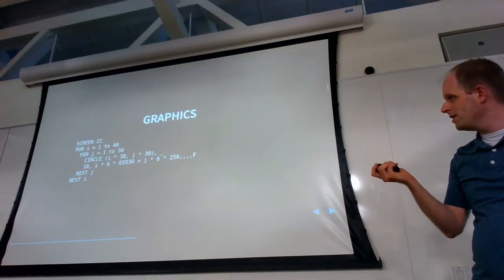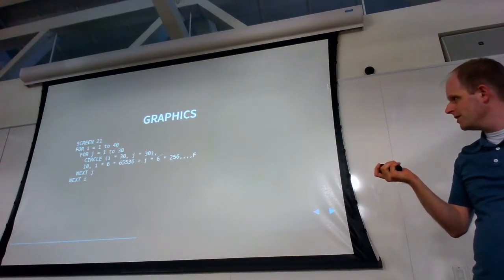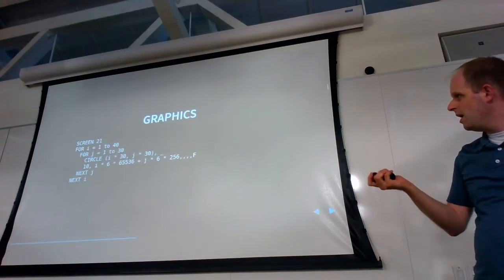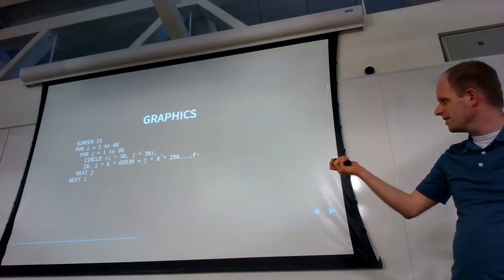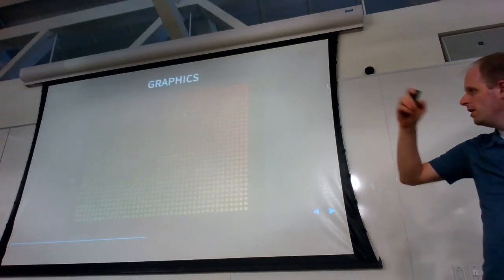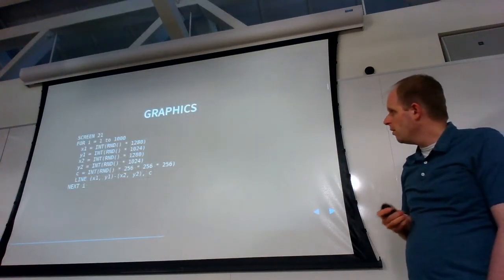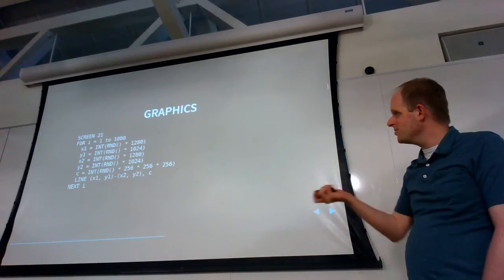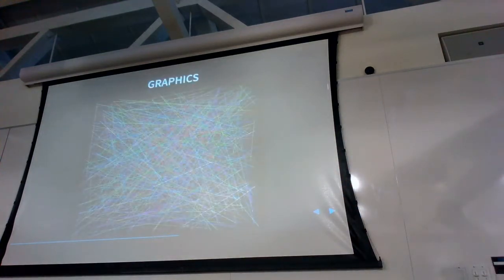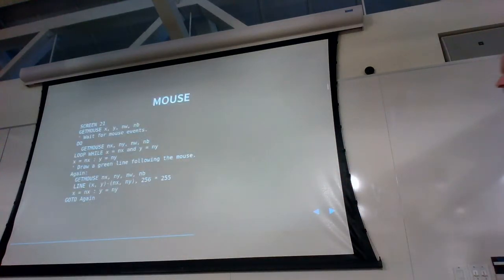In mode 21, the colors are in a 24-bit value, and it supports all the various things like the F for a fill on a circle, so you can do something like that. There's the random function. You can do lines, things like that. There's mouse input.